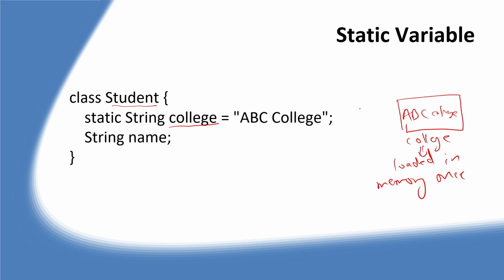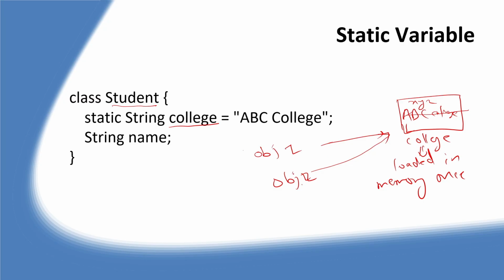And this variable will be shared by all objects. So let's say we have two objects, obj1 and obj2. It is shared by both objects. And let's say object 2 modifies the value of the static variable college, instead of ABC college to another college, something xyz.